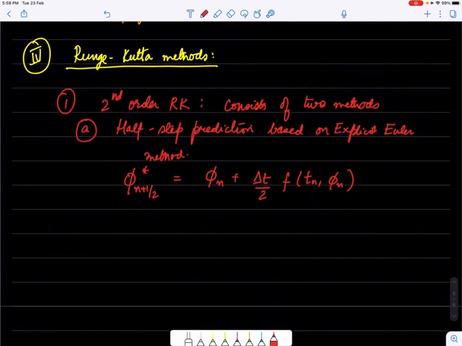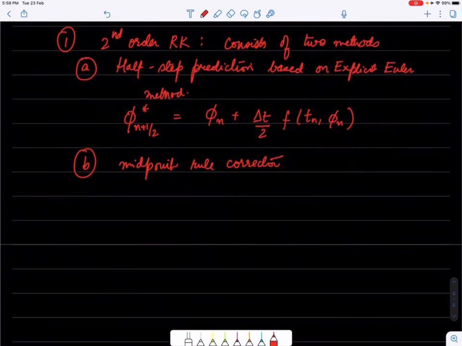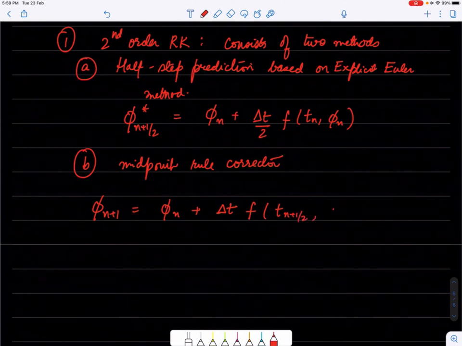The second step of this method is to do a midpoint rule corrector, which makes the method really second order accurate. And what it does is, we now write that phi n plus 1, the value that we predict at n plus 1, would be phi n plus delta t into f of t n plus half at phi n plus half star.